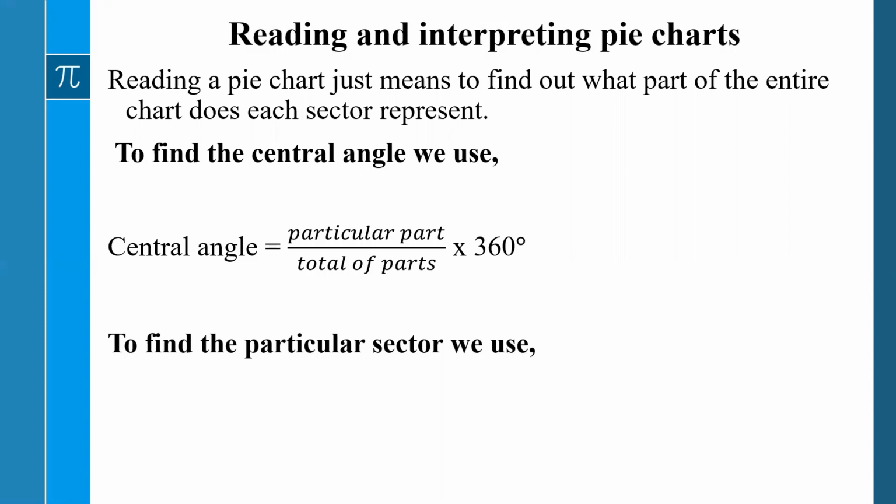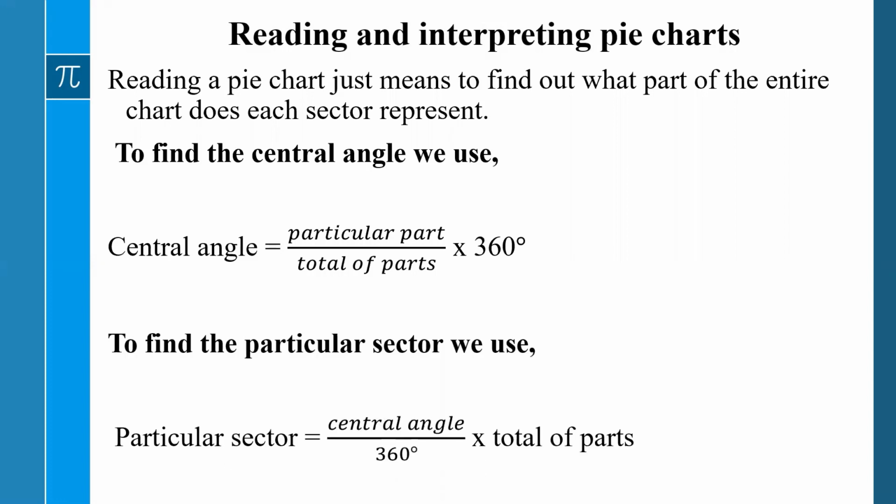To find the particular sector, we use: particular sector is equal to central angle upon 360 degrees multiplied by total of parts. Here we are taking 360 degrees. Again I am telling you, because the total degrees of a circle are 360.